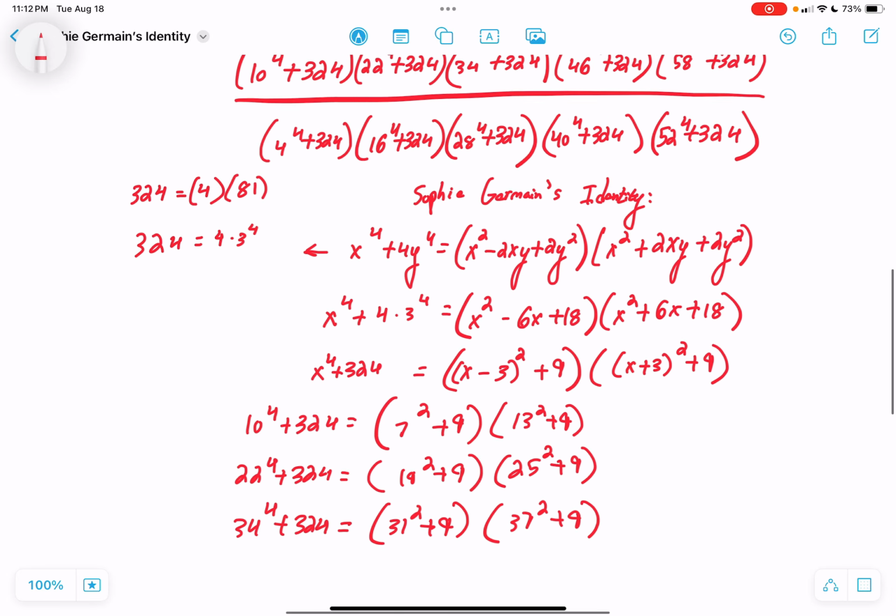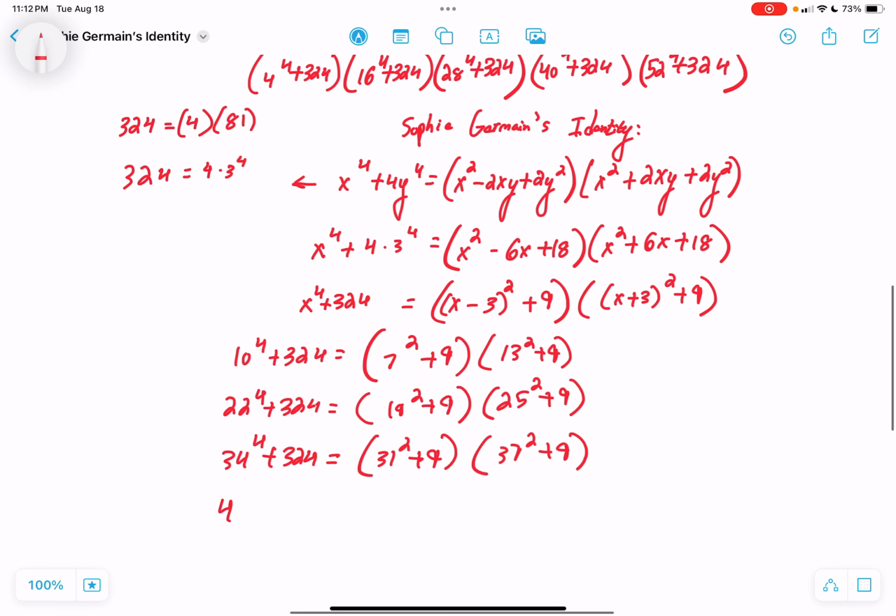And I think it's important that I write all of these out. So now we have 46 to the 4th plus 324. It's going to be equal to 43 squared plus 9 times 49 squared plus 9.